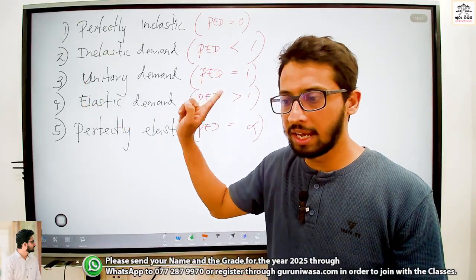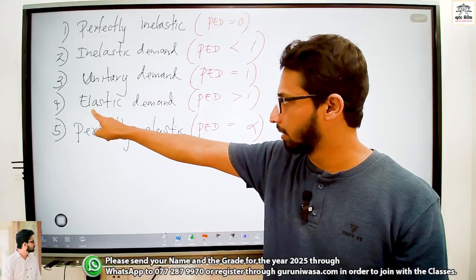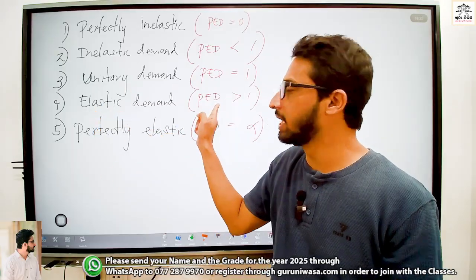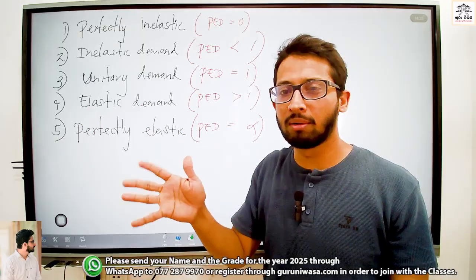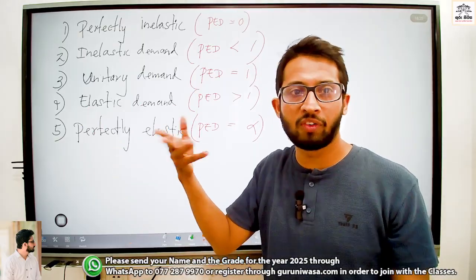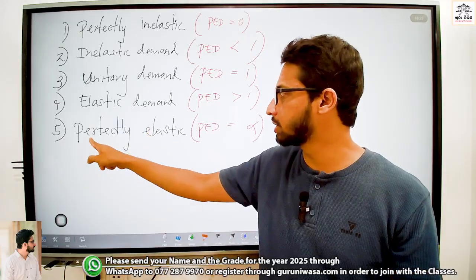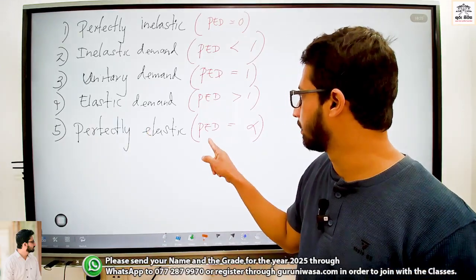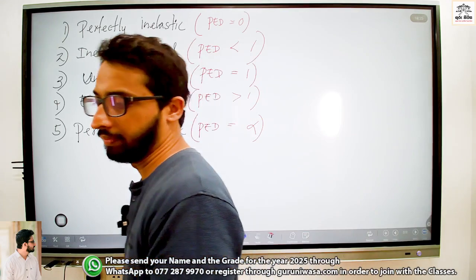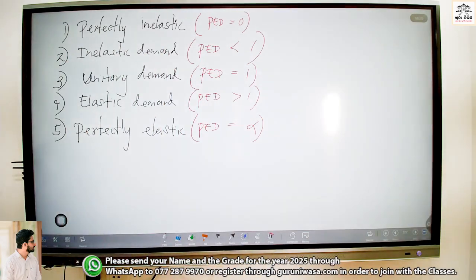Unitary: PED value 1. Elastic: PED value more than 1, like 1.5, 2, 2.5, 3. Last one, perfectly elastic. Clear? Yes, sir.